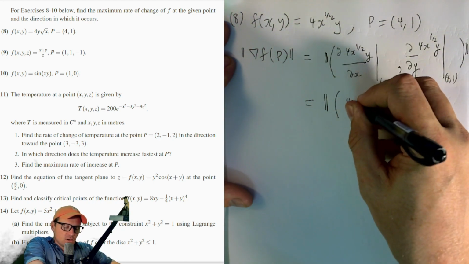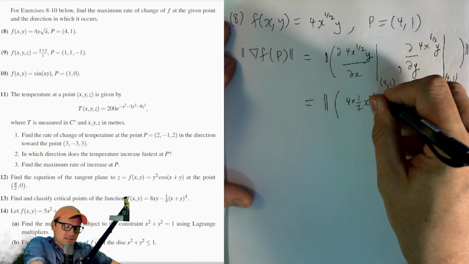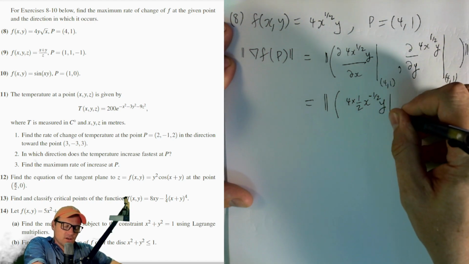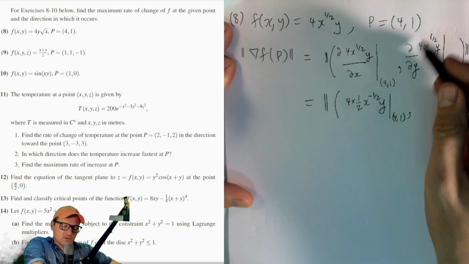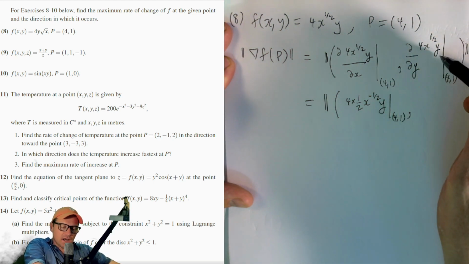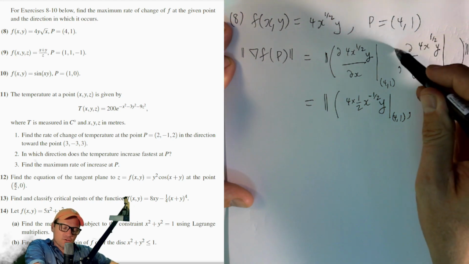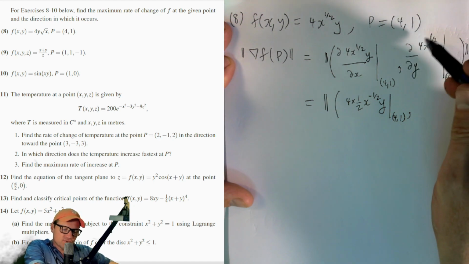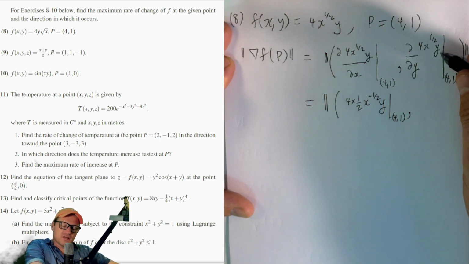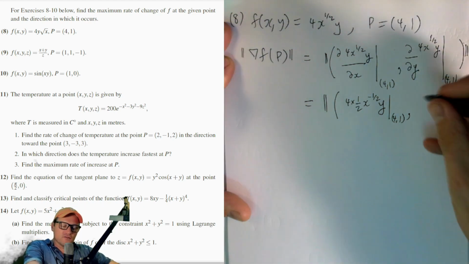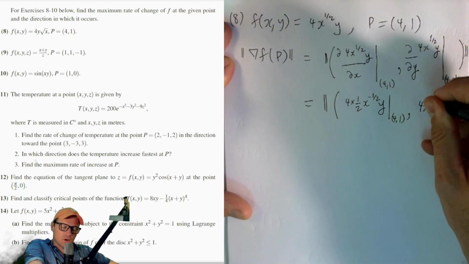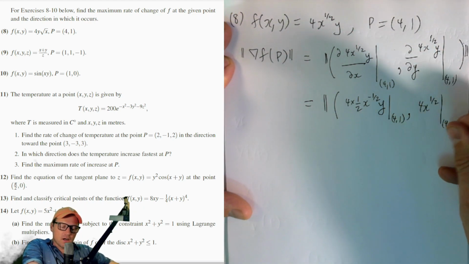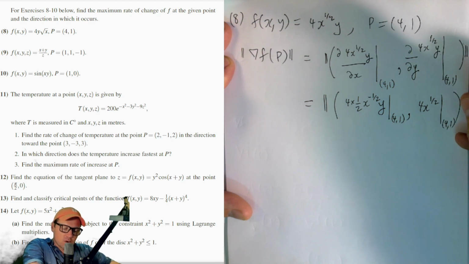So we have 4 times 1/2, x to the minus 1/2 times y, evaluated at 4, 1. Now differentiating this with respect to y, the 4x to the 1/2 can go through the operator because we treat the x as a constant, and differentiate y with respect to y, and we get 1 for that. So 4x to the 1/2 evaluated at 4, 1, and then we are going to take the norm of this.